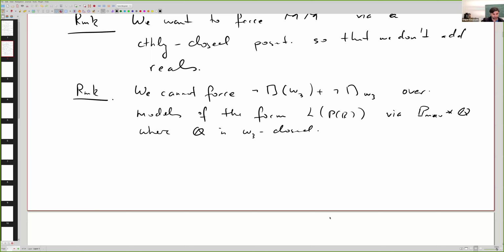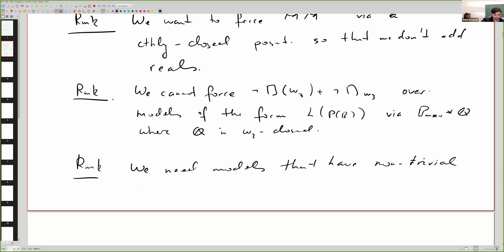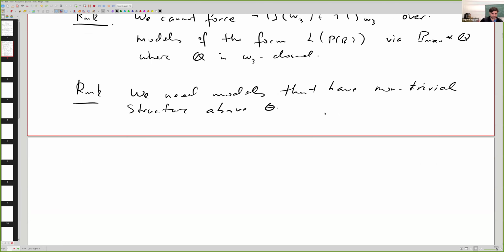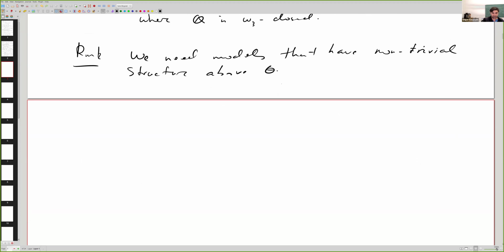So the other remark is that we need models that have non-trivial structure of data, meaning that it can't just be the power set of R. Okay, so this is all we need. So what is going to be the source of such models? That's what I will explain.